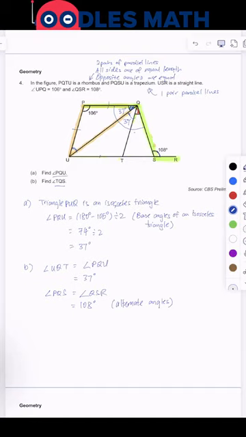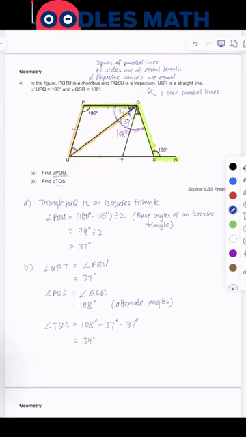If I know that this whole big angle here, in purple, is actually 108, now I can use this to help me find the angle that I'm looking for, which is angle TQS. So therefore, I know that angle TQS will be equivalent to 108 degrees minus 37 minus 37. And that will give me 34 degrees.